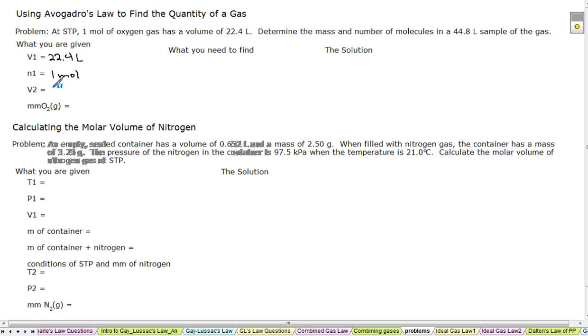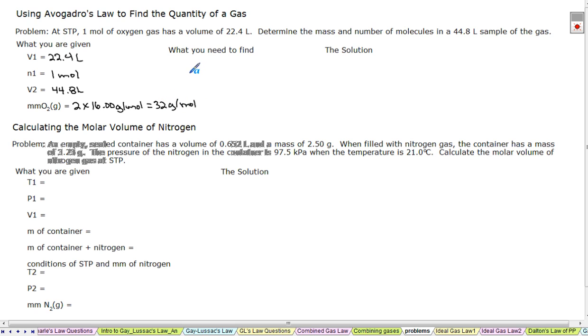So I know my other volume is 44.8 liters, and we know that the molar mass of oxygen, in order to do this question, because we need to determine moles, would be 2 times 16.00 grams per mole, because there's 2 atoms of oxygen in that diatomic molecule, which is 32 grams per mole.